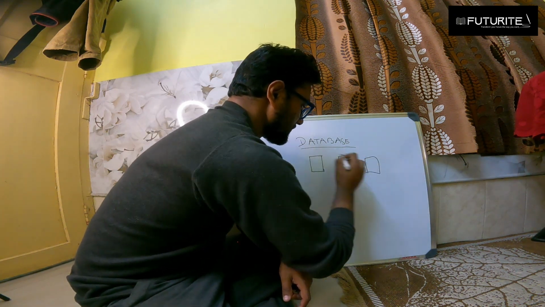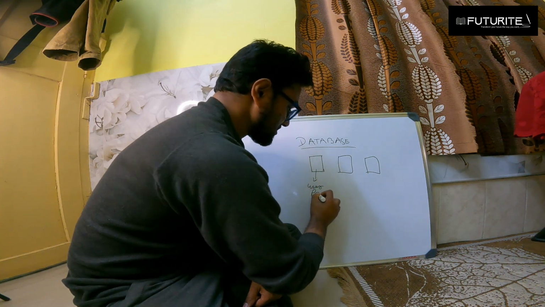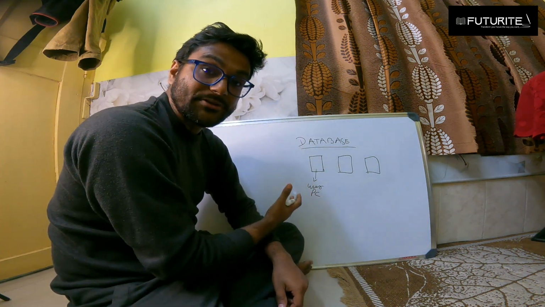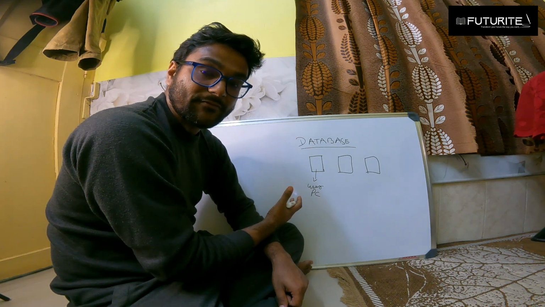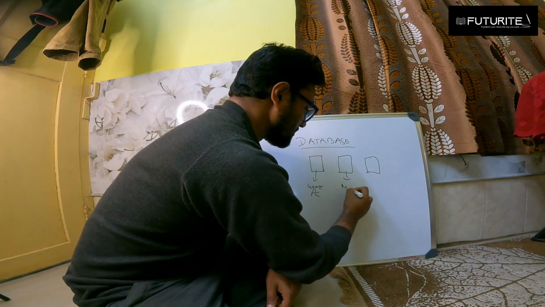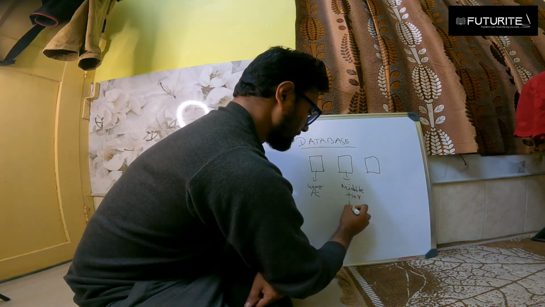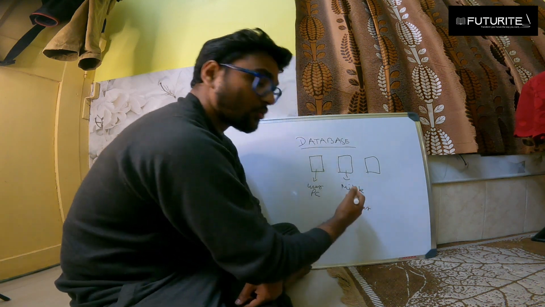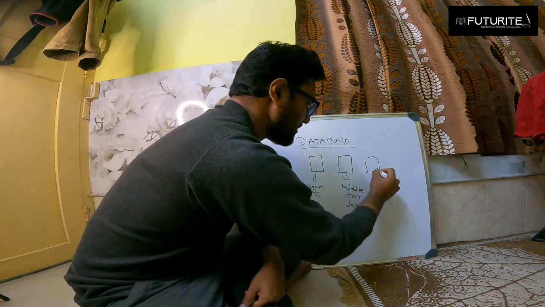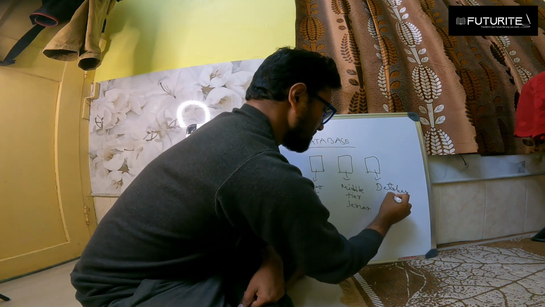So this is basically the user PC, or you can say the laptop, or the developer's PC or laptop where the developer is performing the development. This is the middle tier server, which is basically known as the application server, and this is the database server.